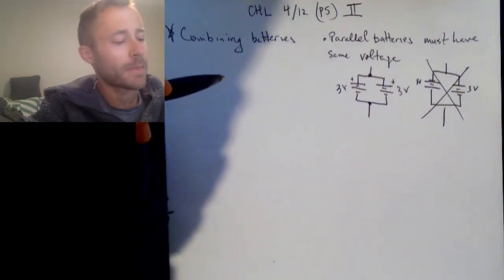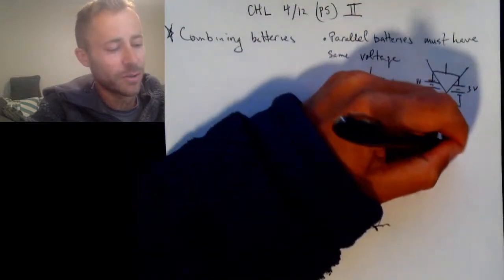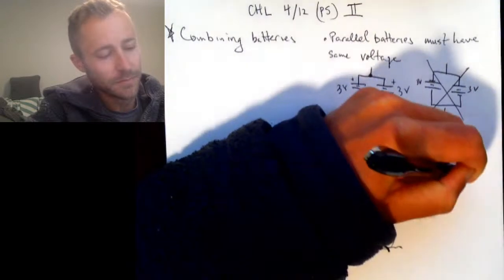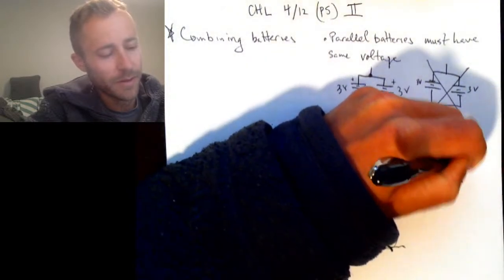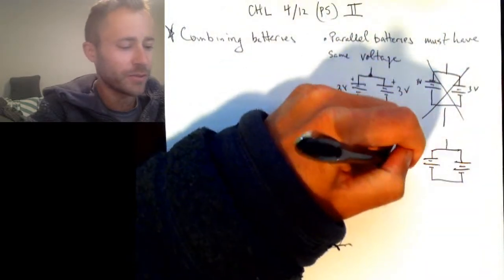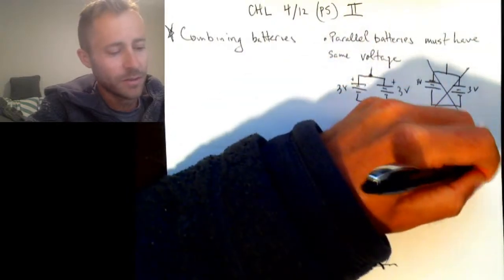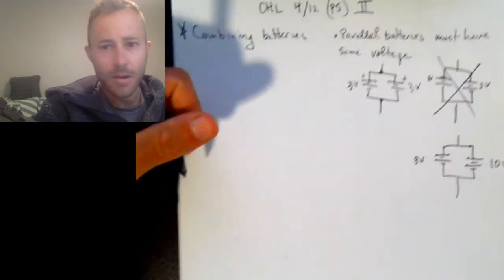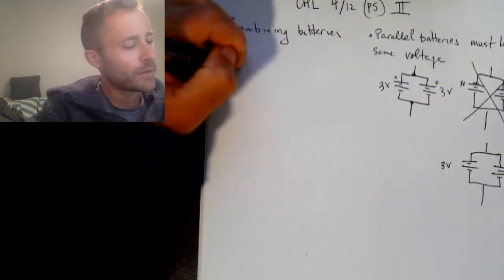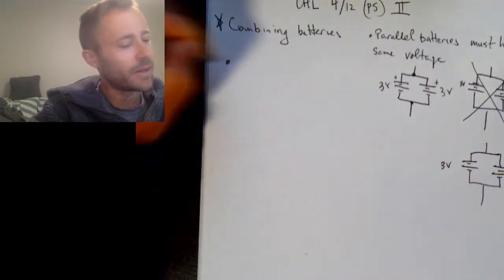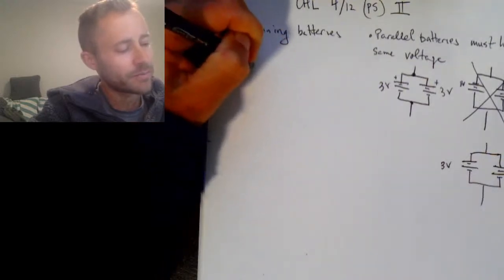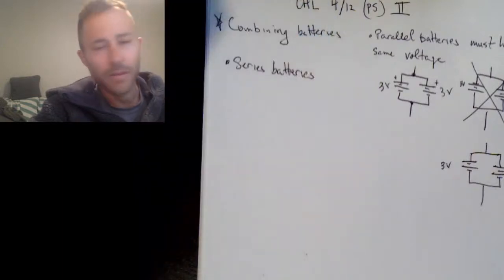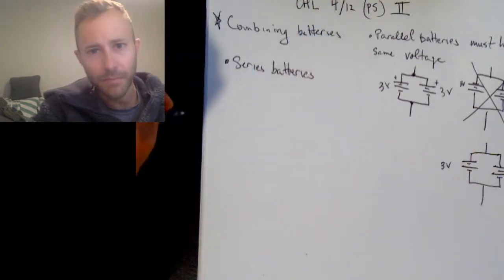And you would also never have a situation like this, where you have two batteries that have different sizes in parallel. That's not good. And then if you have series batteries, then they add up.